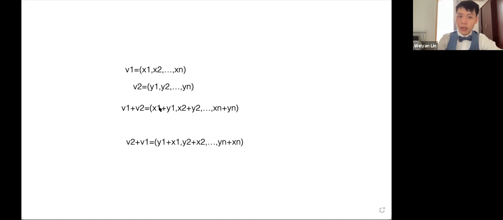But that addition is also commutative, right? x1 plus y1 is the same as y1 plus x1. Same thing here, all the way to the n dimensions. Okay. So that is the addition of vectors.